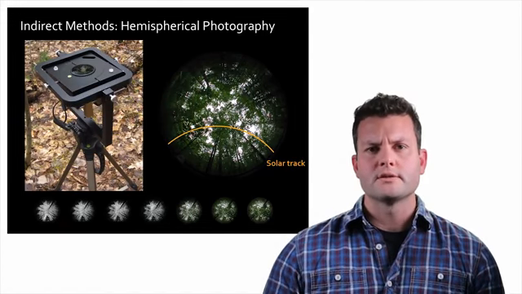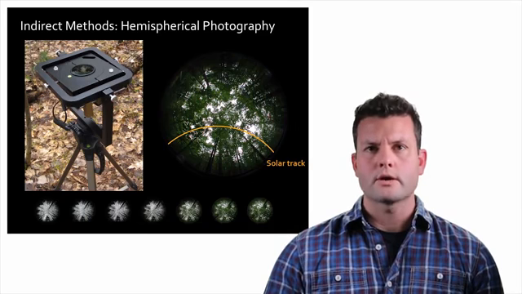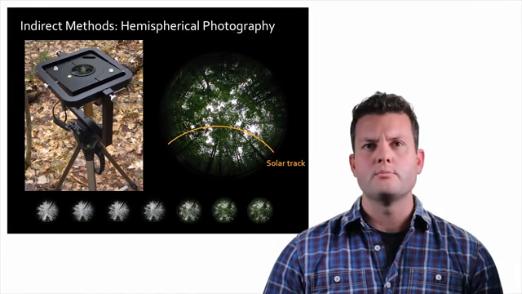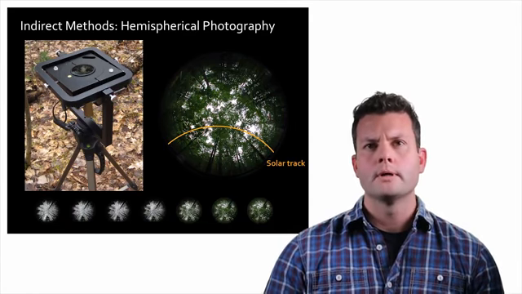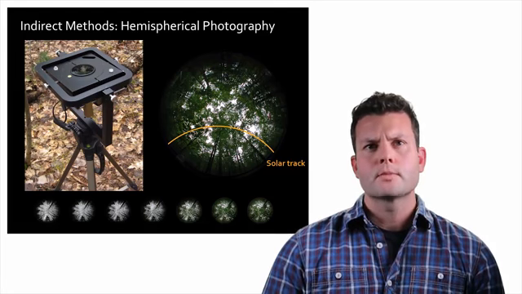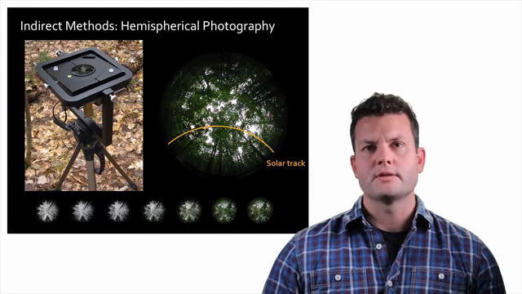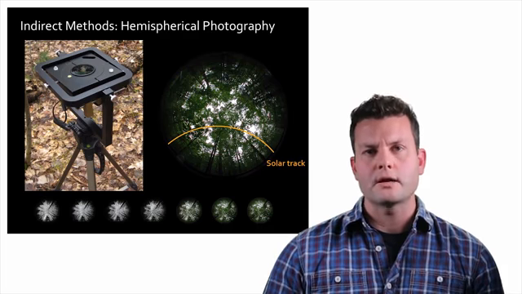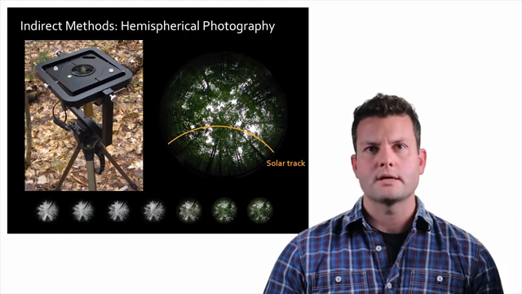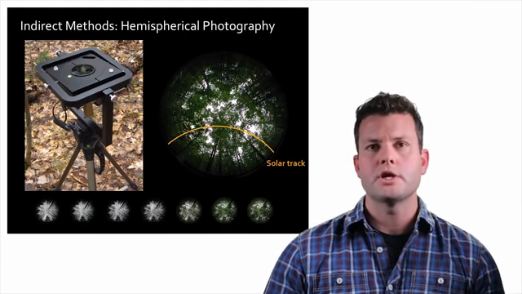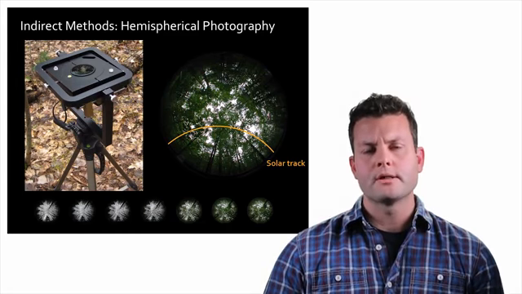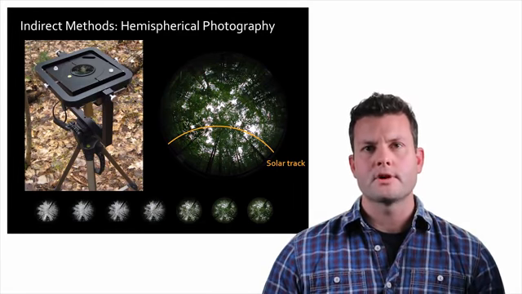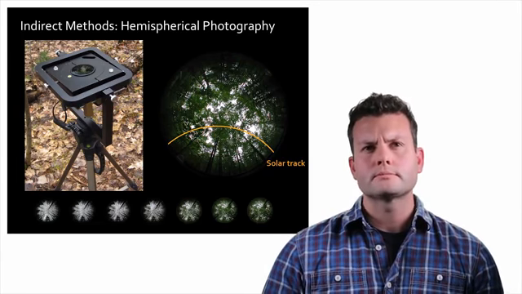It also provides an archive or a record of data that can then be reanalyzed, or you can use a different method at some different point to analyze the imagery as theory and technology change. Whereas with some of the other methods I'll describe, you're measuring some value and you can't go remeasure that value.